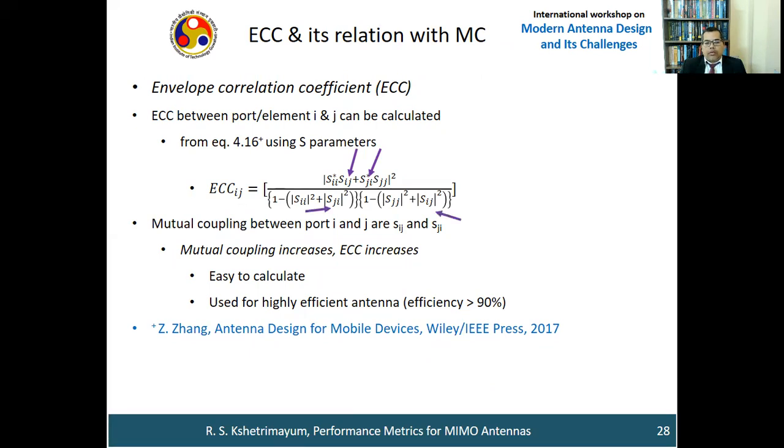Similarly, you have mutual coupling terms in the denominator. This is 1 minus something, so if you increase the mutual coupling, the value in the denominator will decrease, and eventually it will increase the ECC. So if you minimize mutual coupling, you can minimize ECC, from this simple relation.